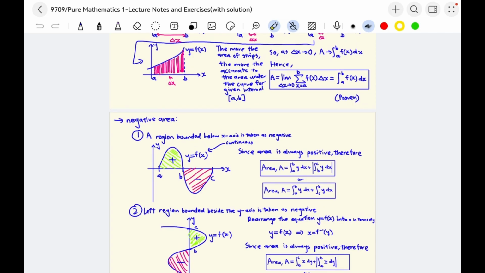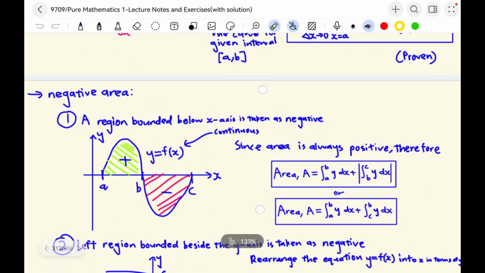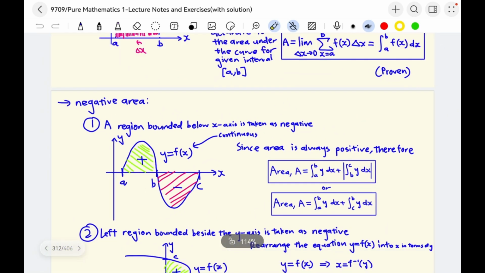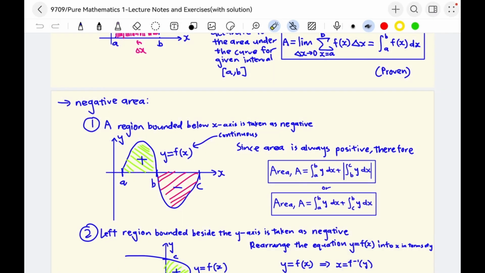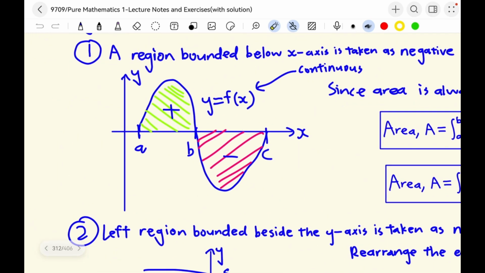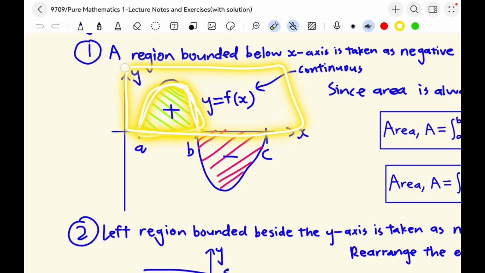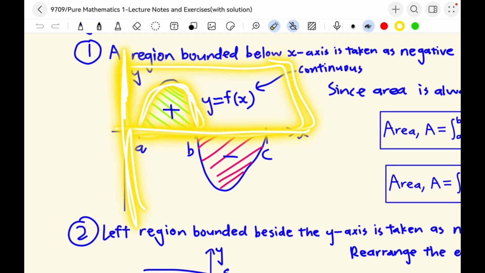Now let's move on to another scenario, which is the negative area. In the Cartesian plane, there are 4 quadrants, right? This is the positive region, or the first quadrant, which is above the x-axis and to the right of the y-axis.